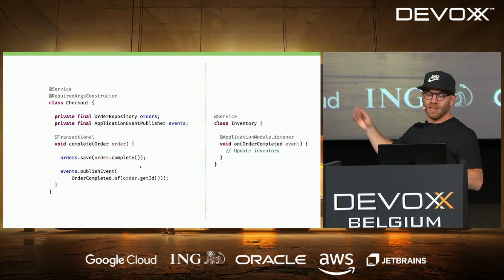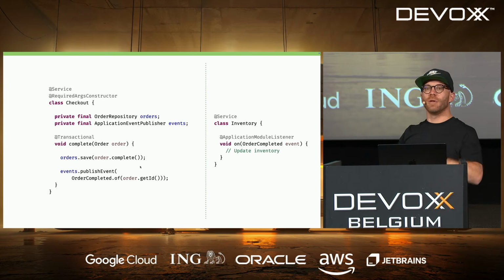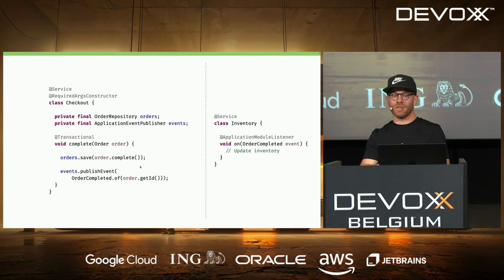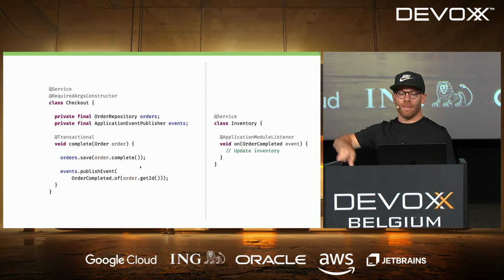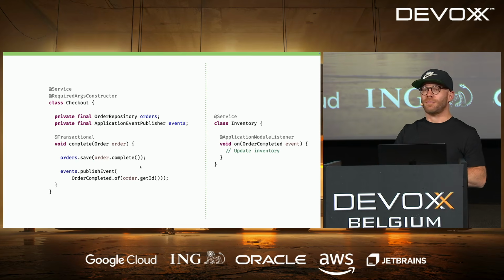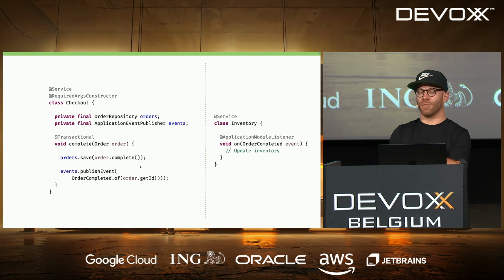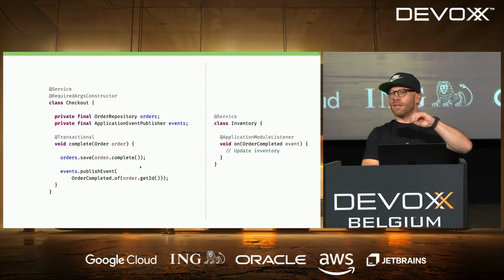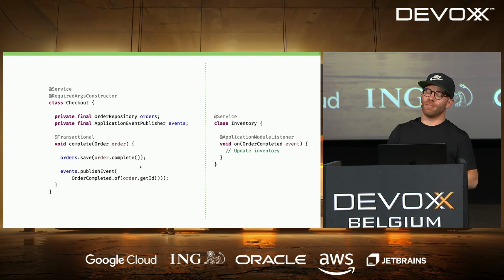In this case, we're talking about some order completion going on here, and we did the primary state transition. The primary functionality is part of the checkout, and the inventory update is then triggered by publishing an application event that's consumed via an application module listener. That thing is worth a talk on its own, and as I said, there's plenty of that in the recording of the talk on Tuesday.